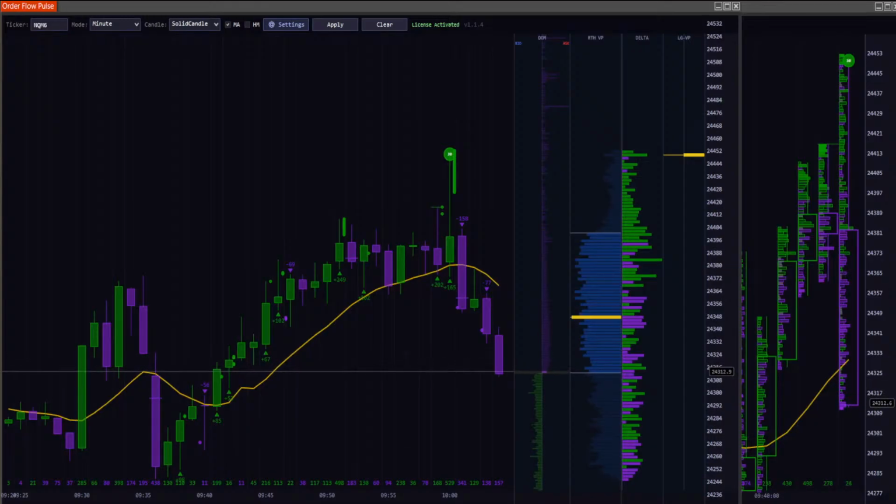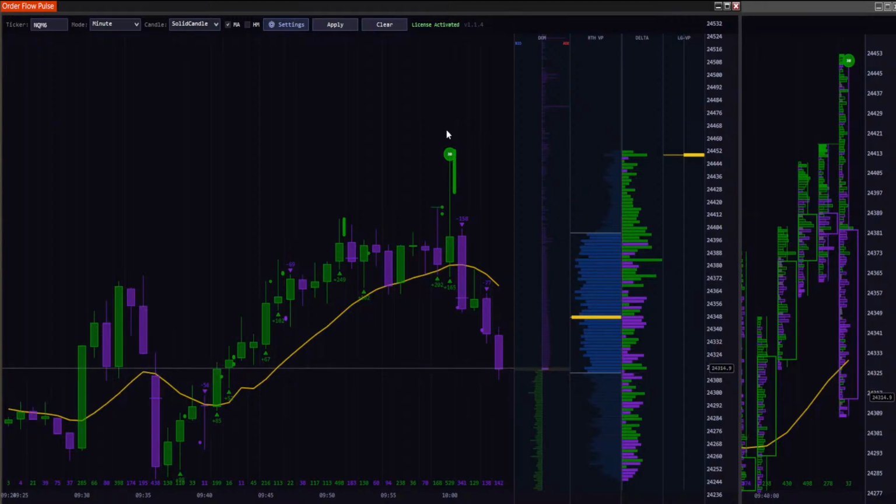If we close below the moving average on the 5 minute, that could be a sign of going back down. This right here was a sign of us moving down, because you had a large single order contract that kicked in.